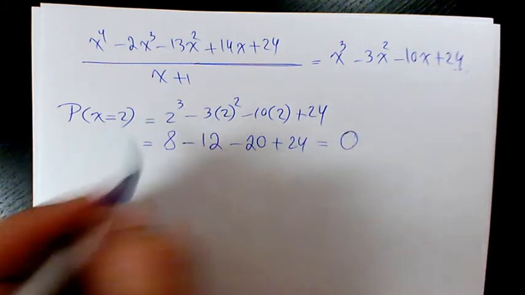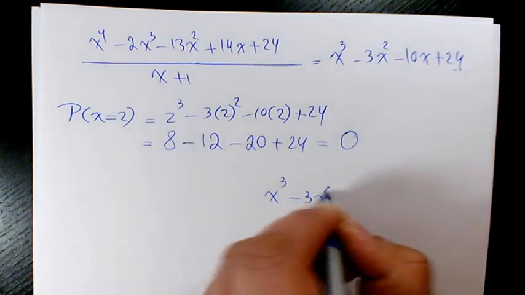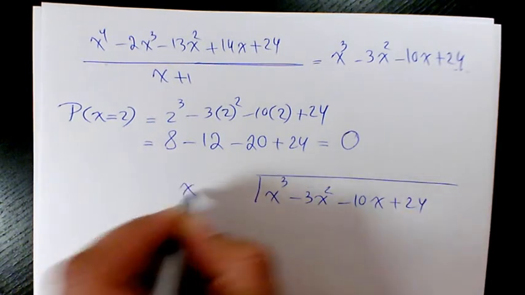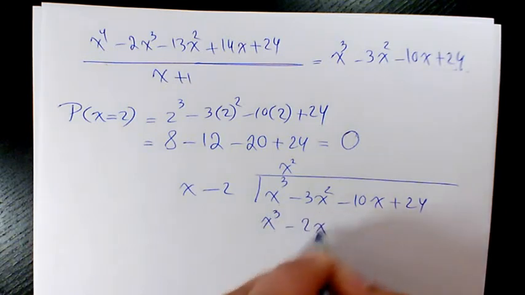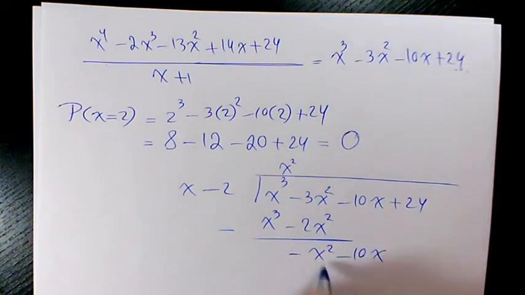So I have x cubed minus 3x squared minus 10x plus 24 divided by x minus 2. That's going to be x squared. Multiply, x cubed minus 2x squared. Cancel out. It's going to be negative x squared minus 10x. Divided, it's going to be negative x squared plus 2x.